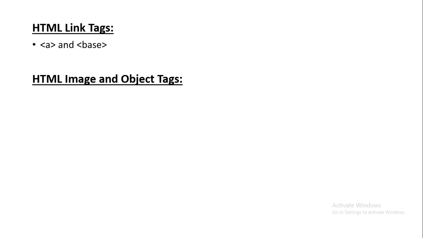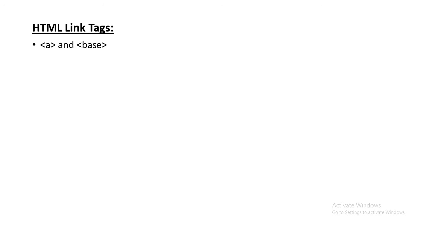If you want to give a default link to a particular page, you can use it instead of using different links. If you want to use a single link, you can define a base tag and use it multiple times. There can be at most one base element. To remember this, there can be only one base element in a complete document.